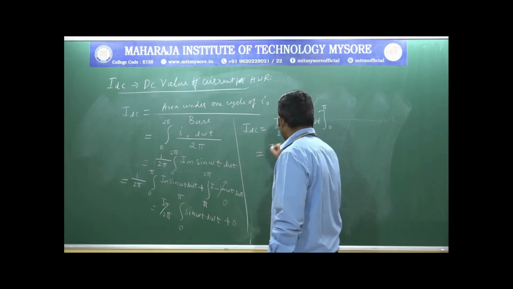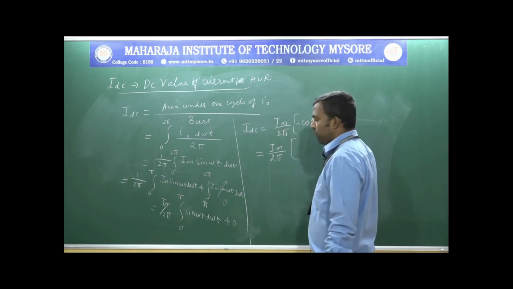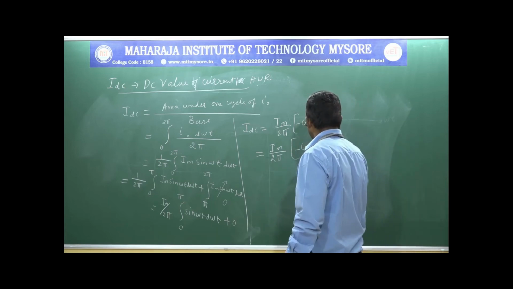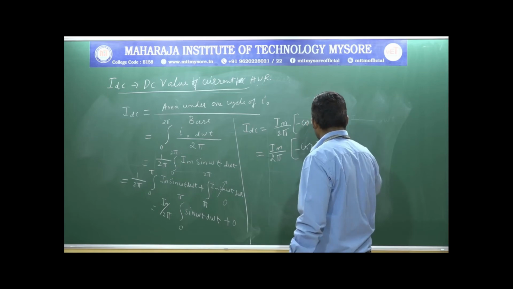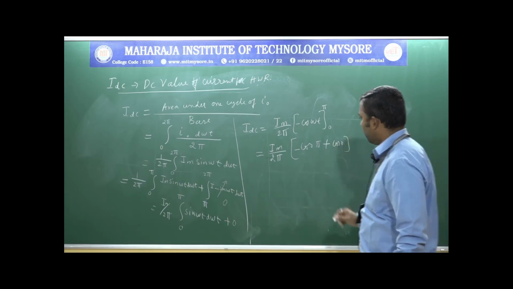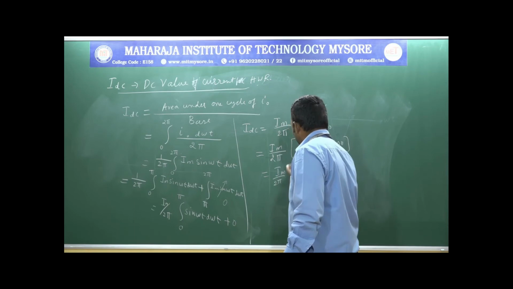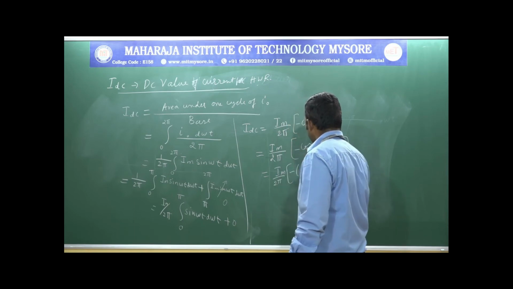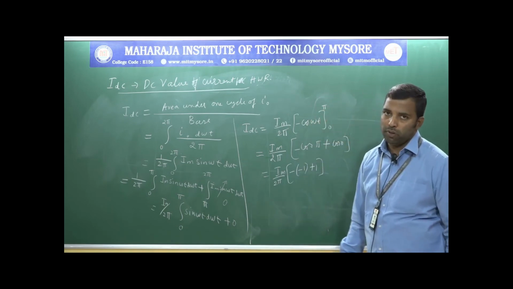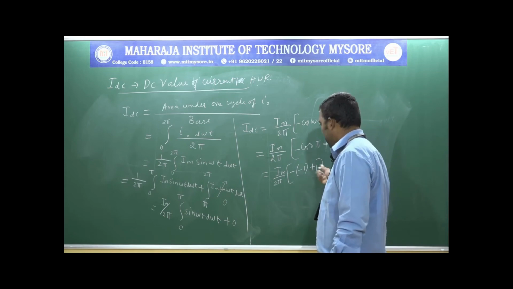Now, I can write this as Im by 2 pi, top limit first, then the bottom limit. So, this is minus cos pi minus of minus, which is plus cos 0, so minus cos pi plus cos 0. I can write this as Im by 2 pi, minus of cos pi is minus 1, plus cos 0 is 1, minus into minus is plus, 1 plus 1, it is 2.